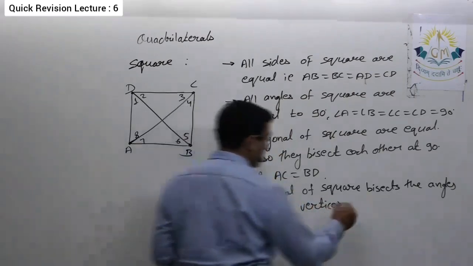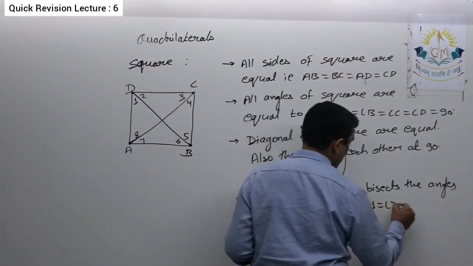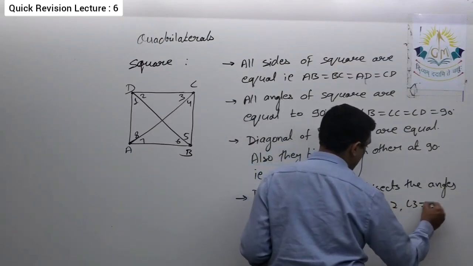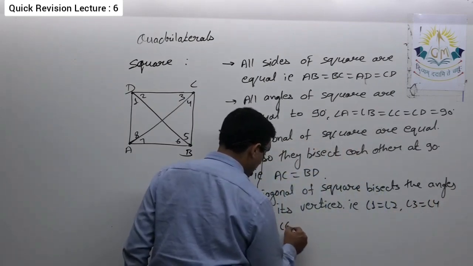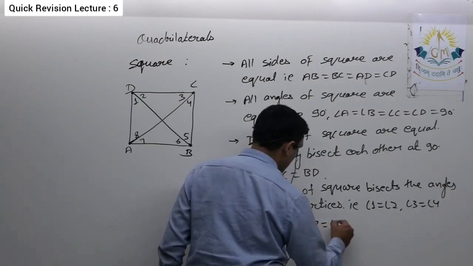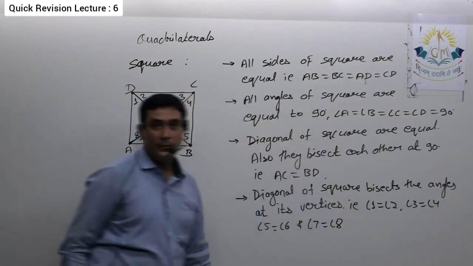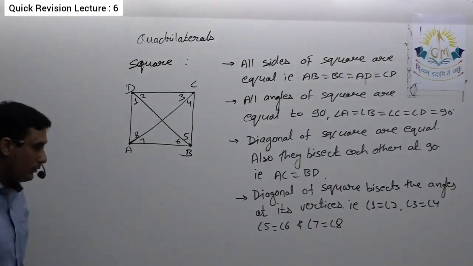That is, here I can write angle 1 is equal to angle 2, angle 3 is equal to angle 4, angle 5 is equal to angle 6, and angle 7 is equal to angle 8. So these are the properties of the square.